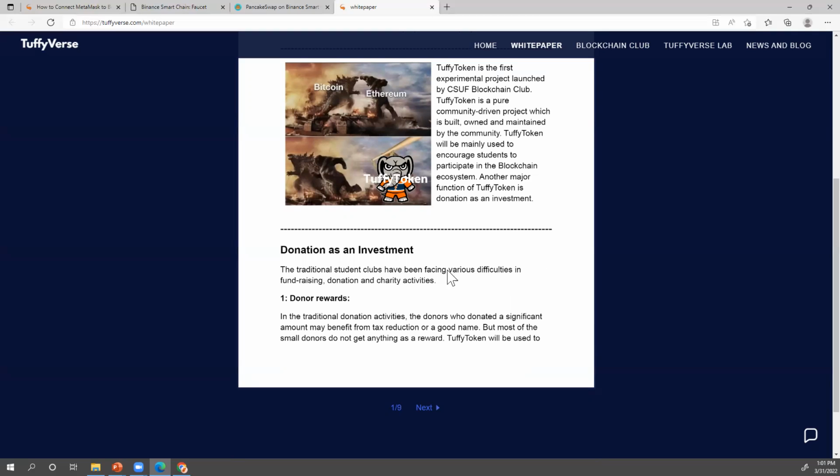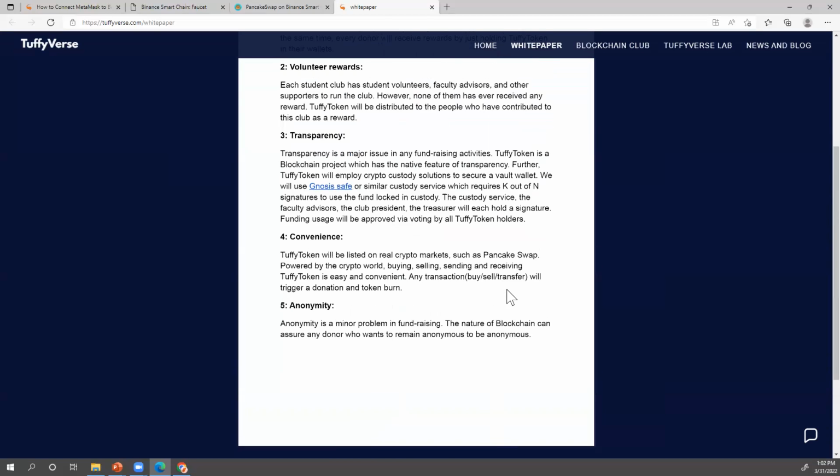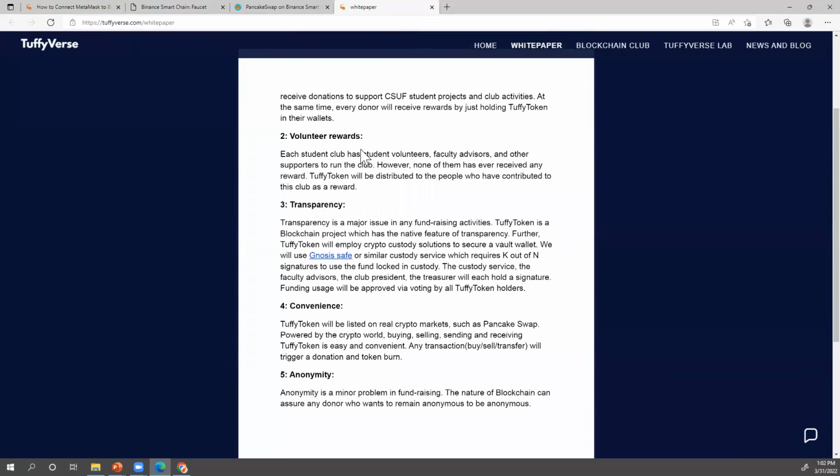Here, Taffy Token rewards donors in this way. In traditional donation activities, donors who donate a significant amount can benefit from tax reduction. But for small donations, the donor usually does not get anything as a reward.